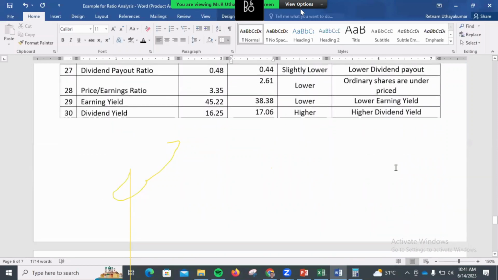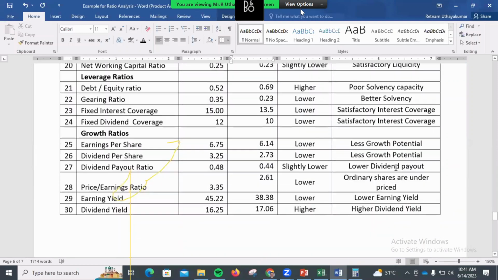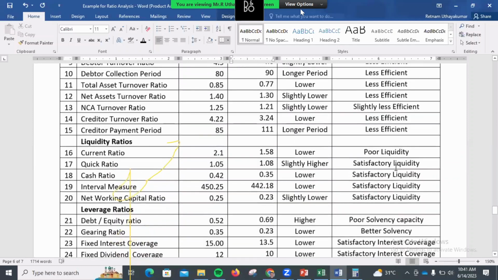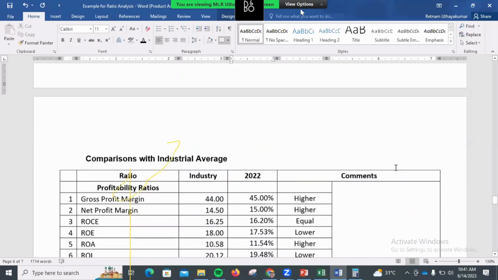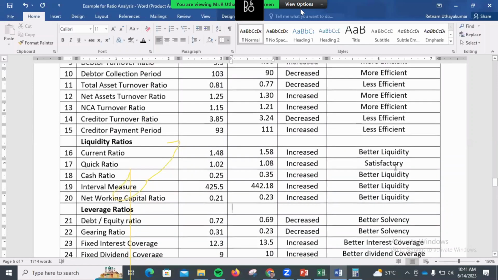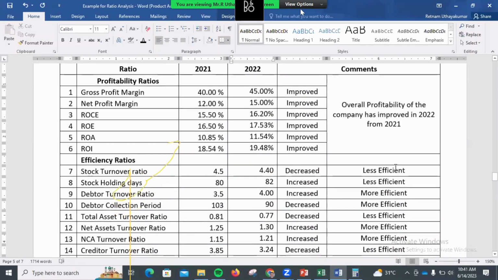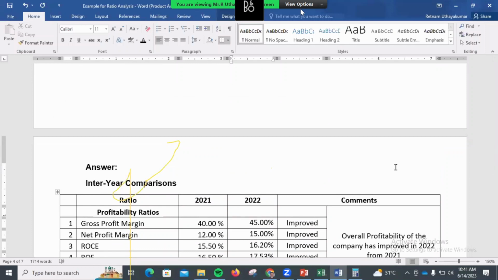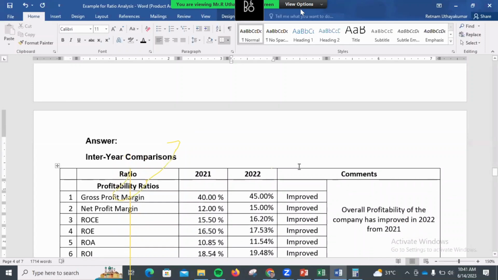So this is the method of doing the interpretations about performance. But these are hypothetical figures. You can write a good report if you take real evidence.